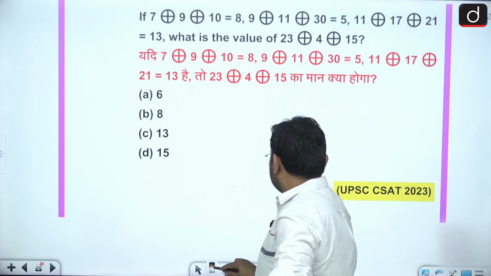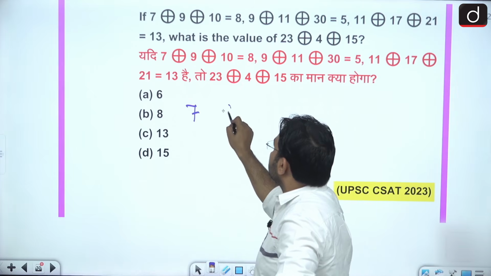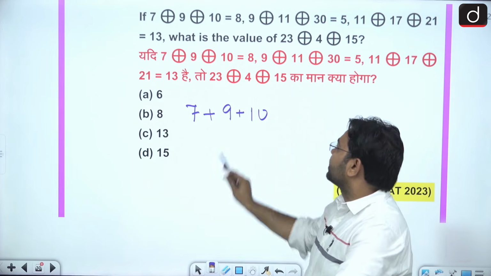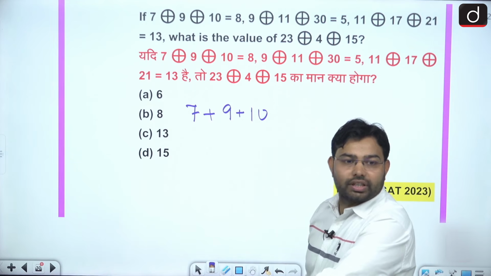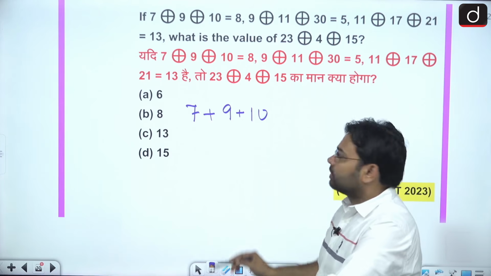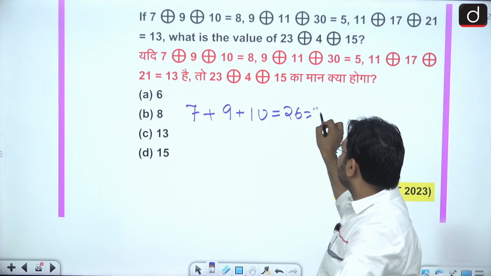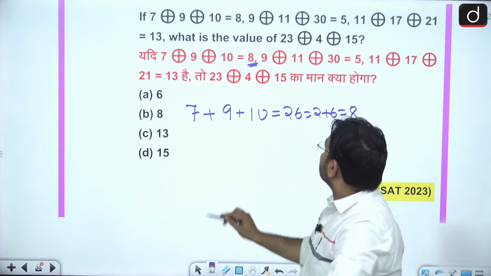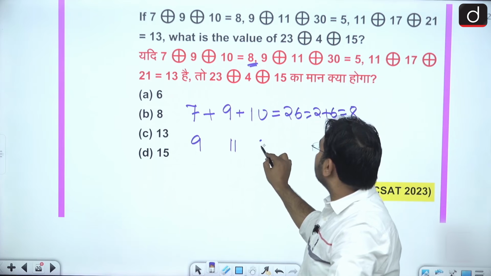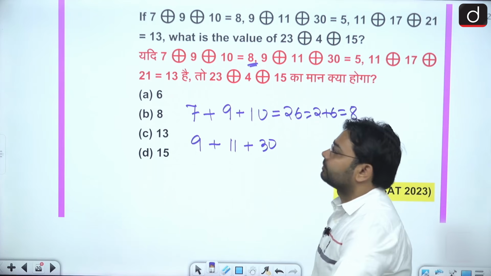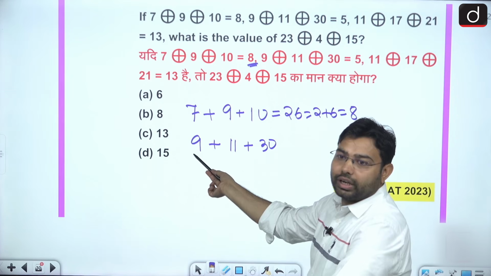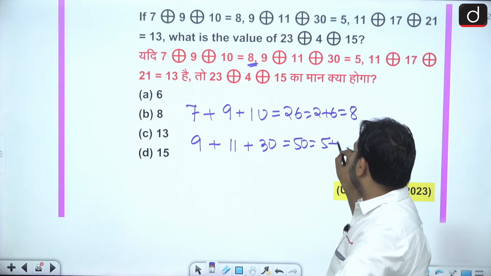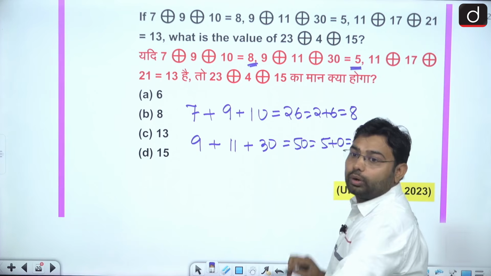Seven, 9, 10. Add these three numbers. 7 plus 9 is 16, plus 10 is 26, and add 2 and 6, put it. Then 9, 11, 30. Add these three numbers. 11 plus 9 is 20, 20 plus 30 is 50. Add 5 and 0, put it.